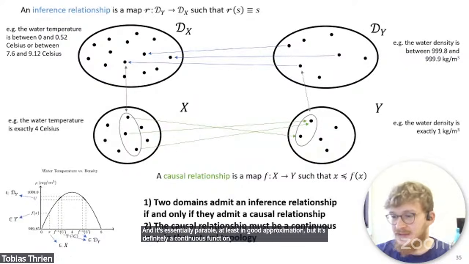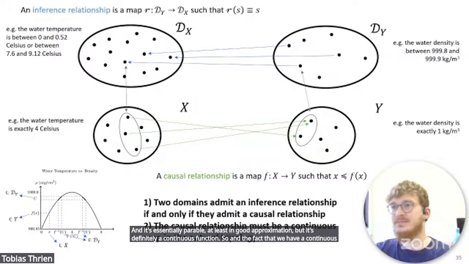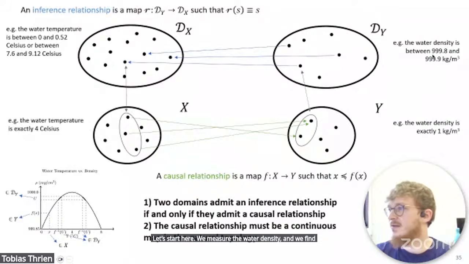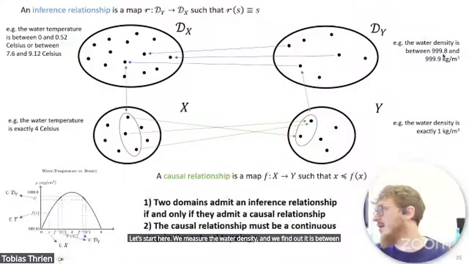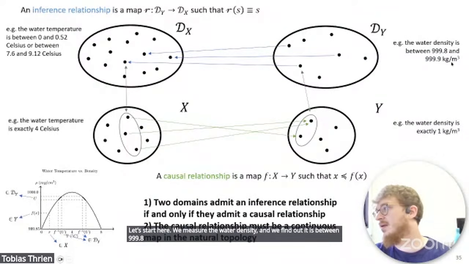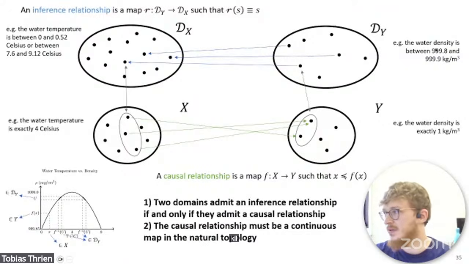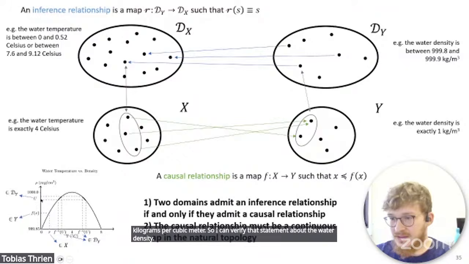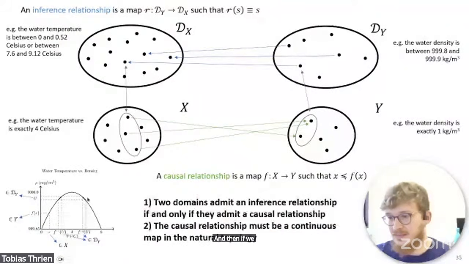And the fact that we have a continuous function means, let's start here. We measure the water density and we find out it is between 999.8 and 999.9 kilograms per cubic meter. So I can verify that statement about the water density. If we look at the graph, we have this open set here. And then if we map that backwards, we get two open sets about the temperature.